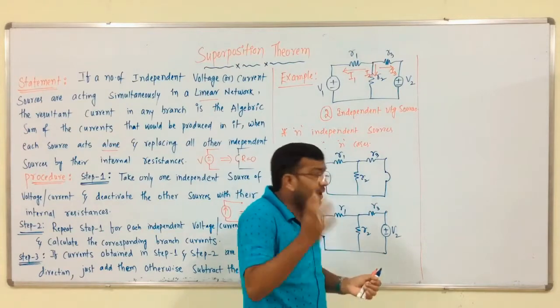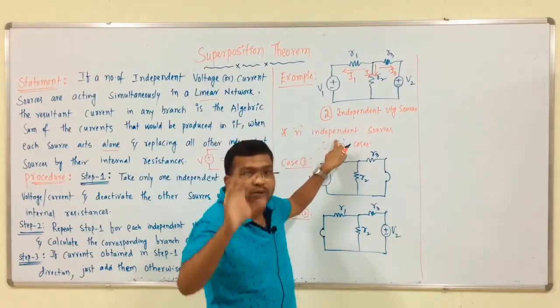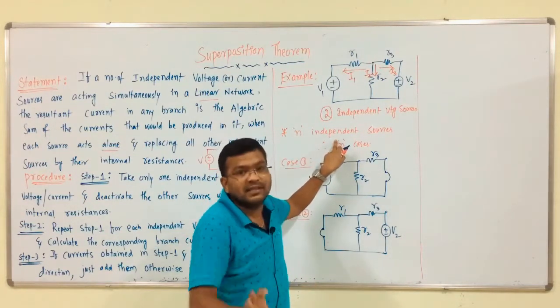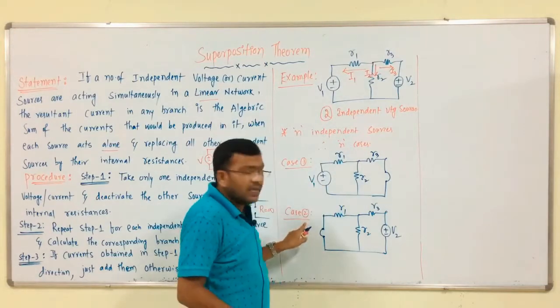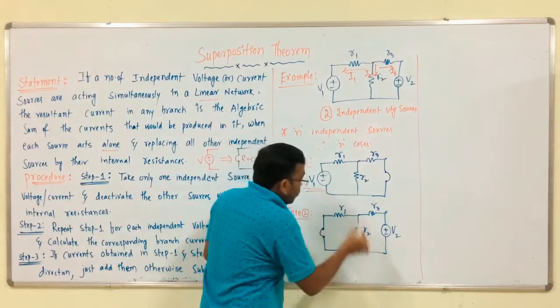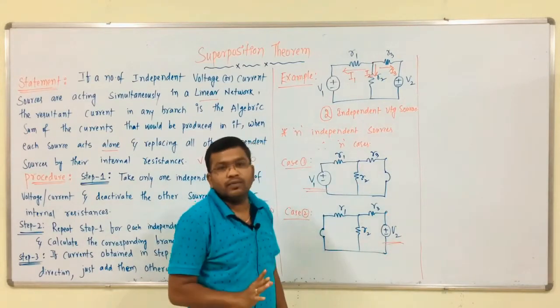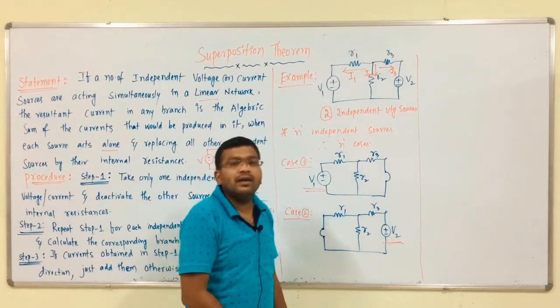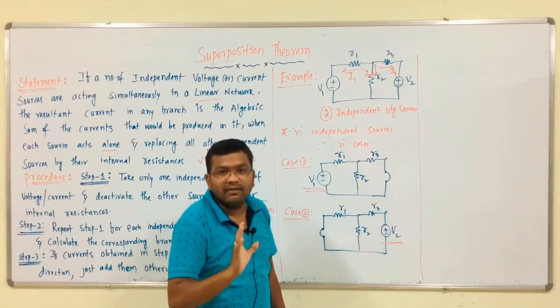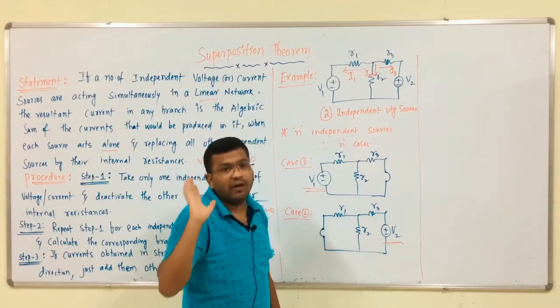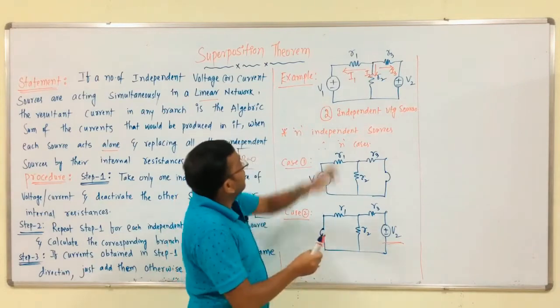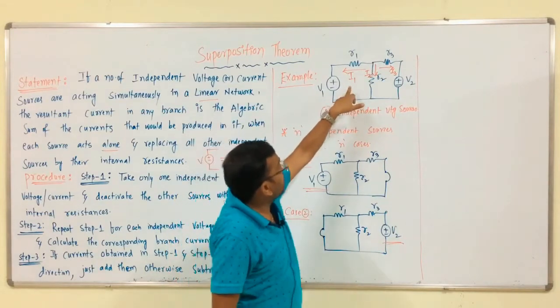So, like this, if we have n number of independent sources, we are going to get n cases. In each and every case, only one source should be active. Remaining all other sources should be deactivated. This is a very important point. By default, we assume our own current directions.